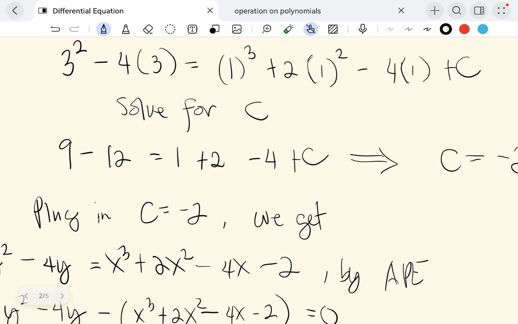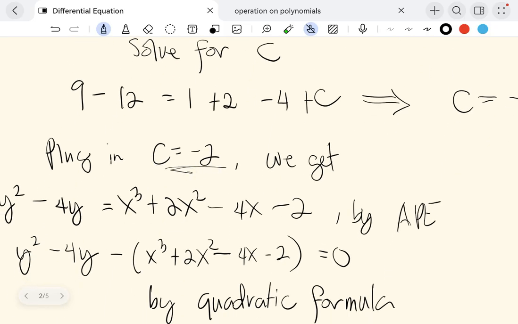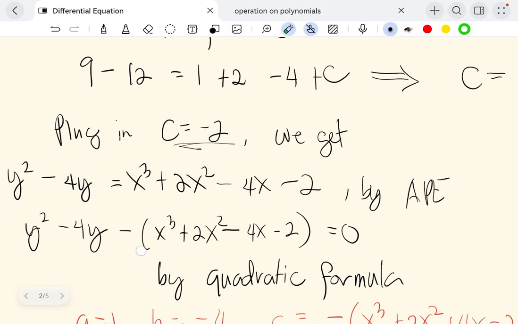So this will become 3 minus 4, this one negative 1. Then here it becomes negative 3, and then we have negative 2. So C is equal to negative 2.